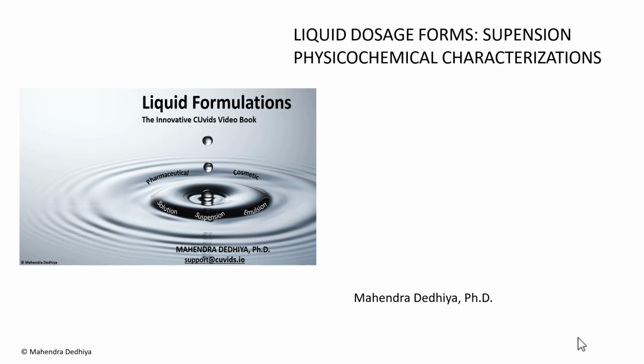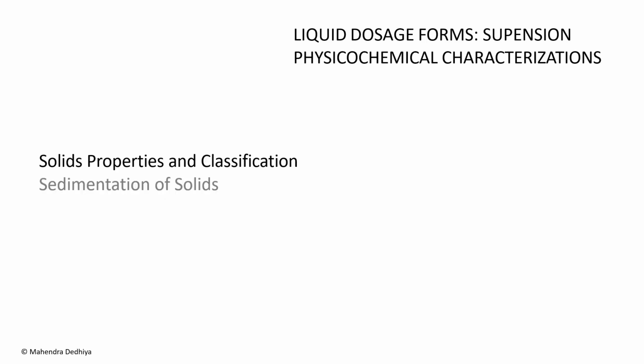The reader is requested to refer to module 2 for information on physicochemical characterization of monophasic systems. In these two submodules, the physicochemical characterization of solids and sedimentation of solid will be presented.